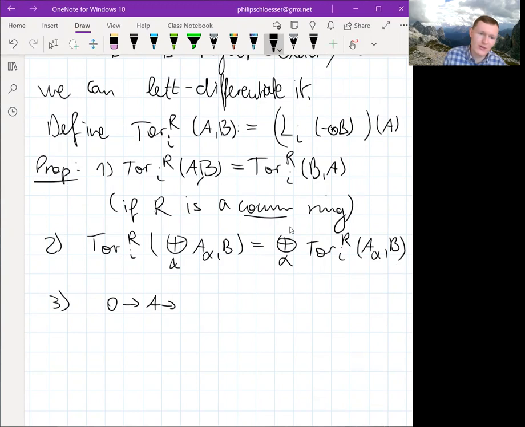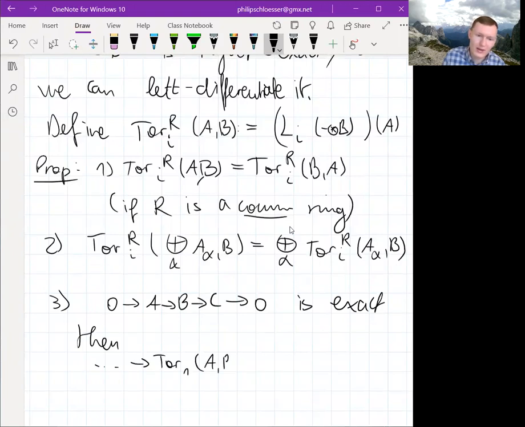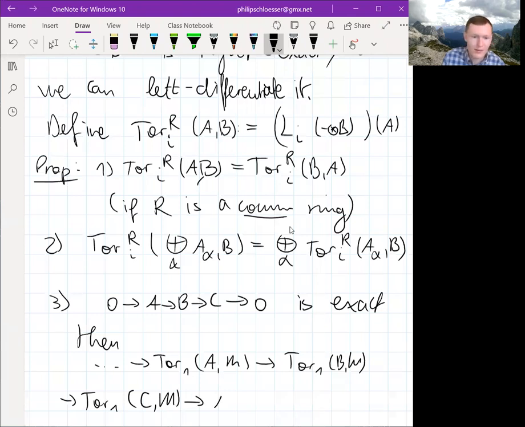So if 0, A, B, C, 0 is exact, then Tor_1(A, M), Tor_1(B, M), Tor_1(C, M), A tensor M, B tensor M, C tensor M, 0 is exact.